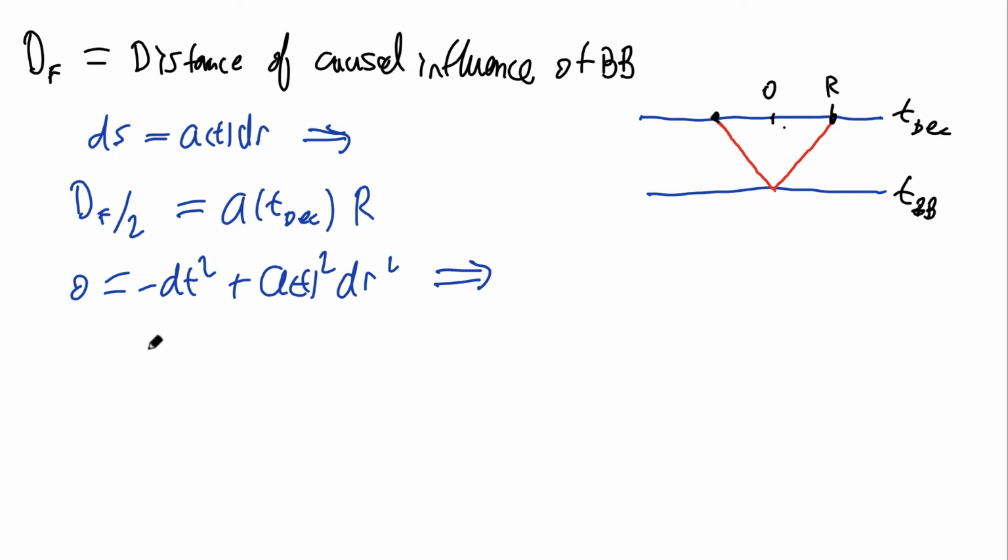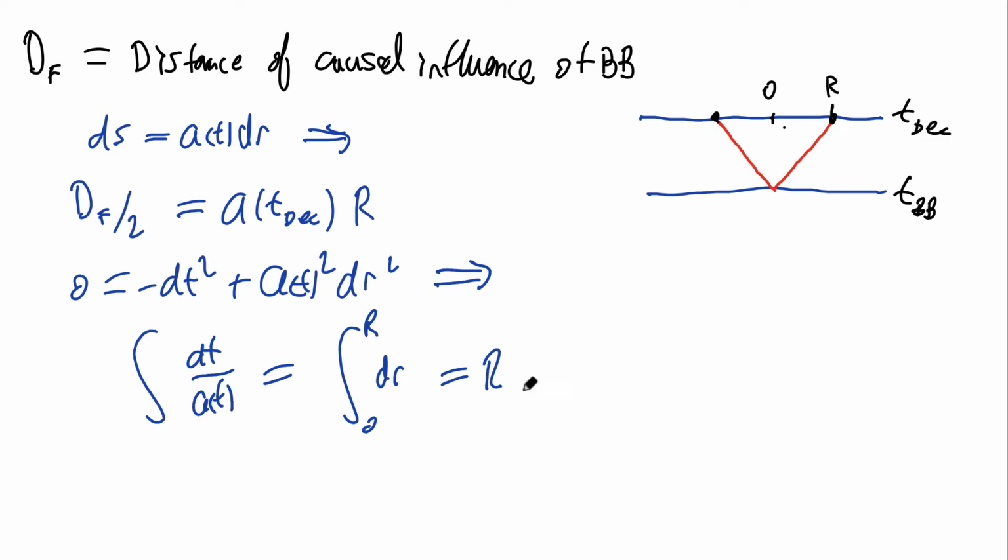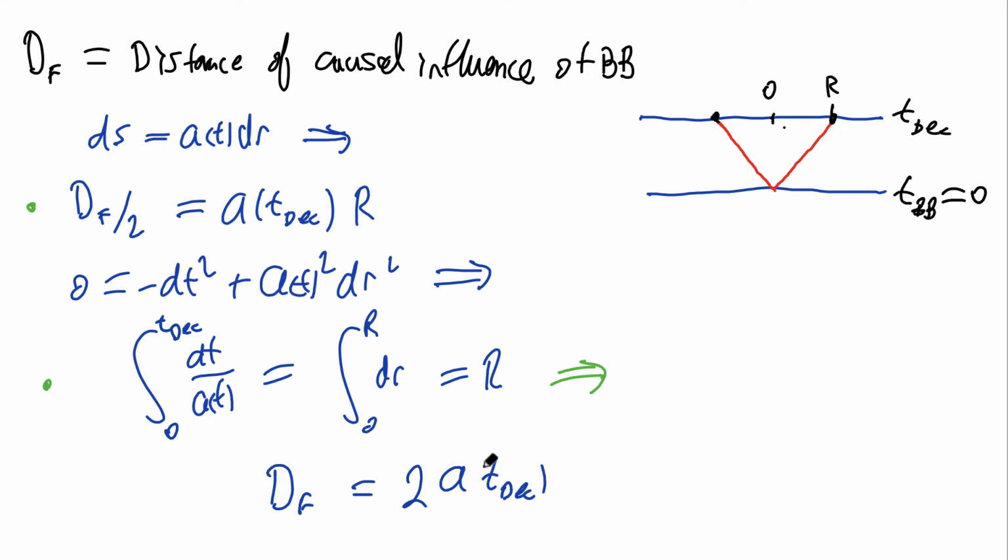We find the integral of dt over a of t equals the integral dr, and that's from 0 to capital R, which of course gives capital R. And the t integration ranges from the Big Bang time, which is 0, to the decoupling time. So that's from 0 to t decoupling. And now combining these results, we find d f equals 2 times the scale factor at the decoupling time times the integral from 0 to t decoupling of dt over a of t.